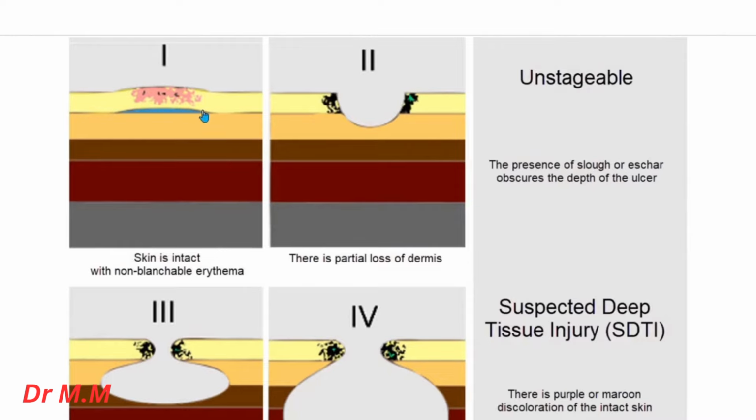Okay, in this diagram, as we can see here, in stage 1, the skin is intact with non-blanchable erythema. In grade 2, there is loss of all epidermis and partial loss of dermis.